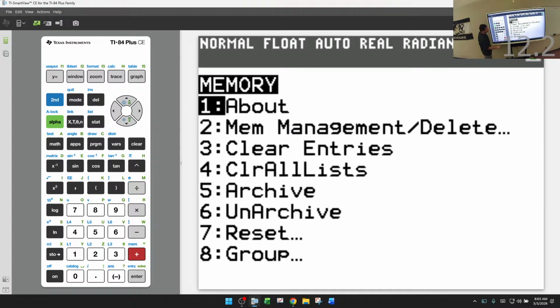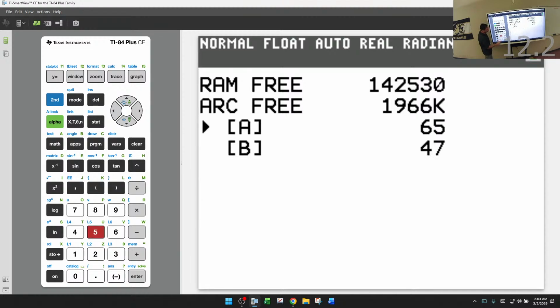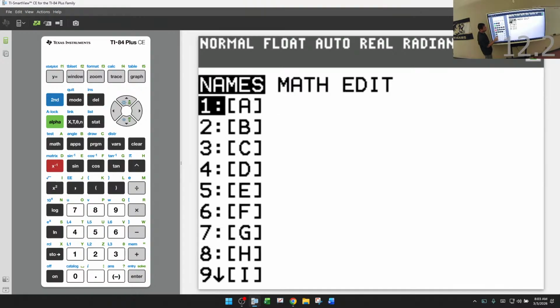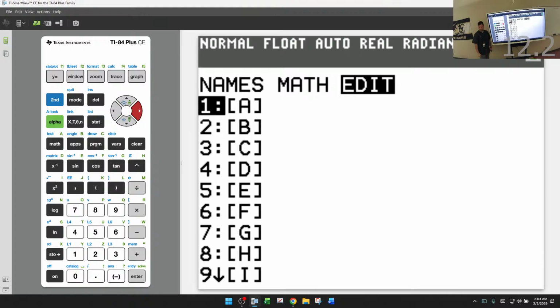Second plus, delete entries. Clear all lists. I don't know where it's at. Matrix. 5. Delete. Whatever. You don't have to delete them. You can override them. Second, matrix. Edit.